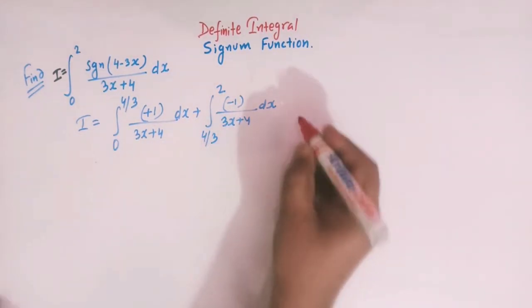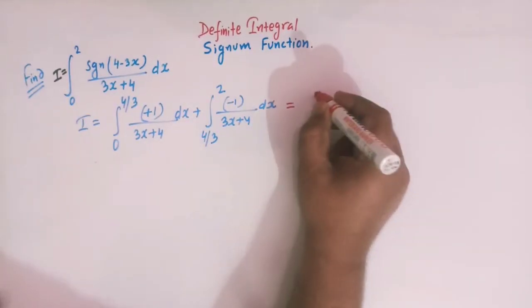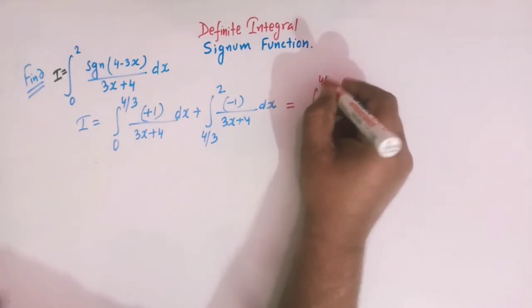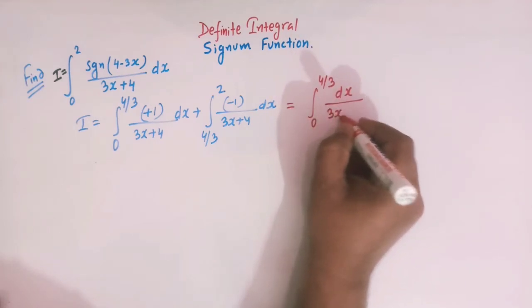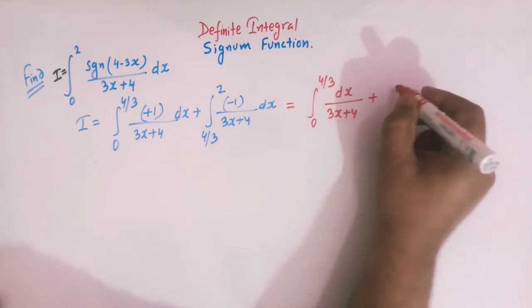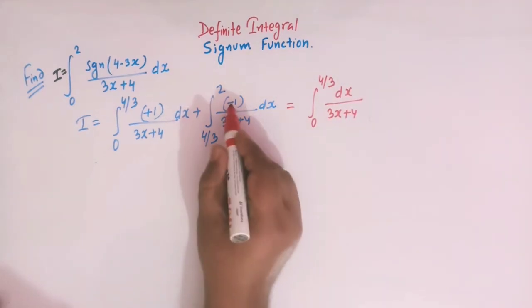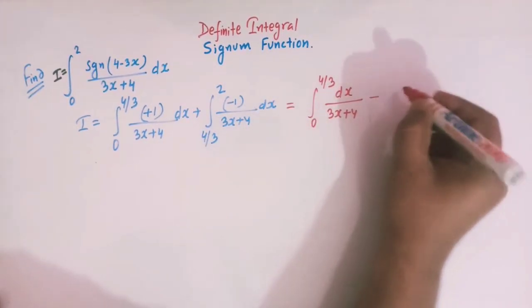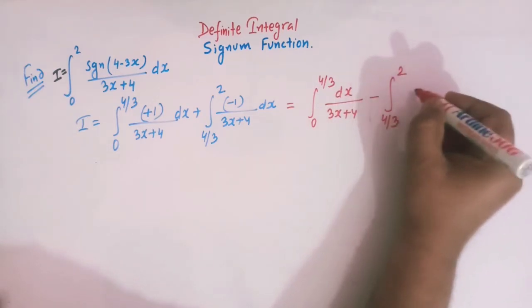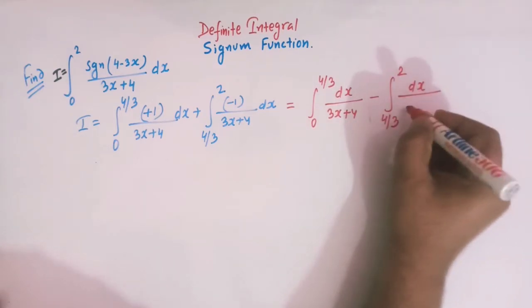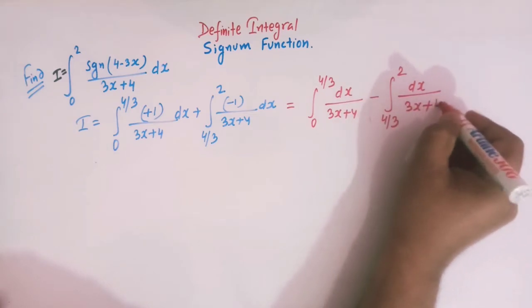So now we can rewrite these two integrals as 0 to 4 by 3 dx over 3x plus 4, and we can take this negative sign outside, so we have minus 4 by 3 to 2 dx over 3x plus 4, right?